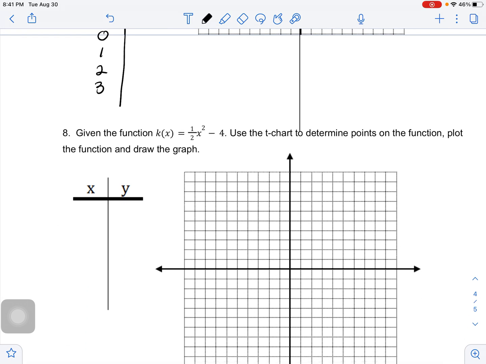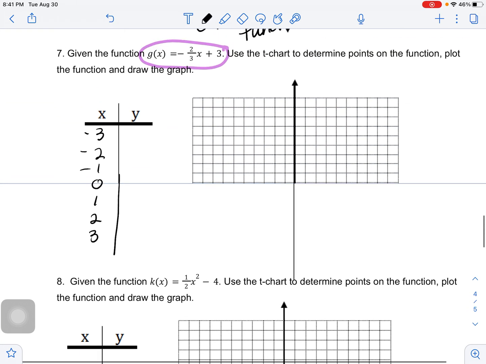Let's see, we had 1, 2, 3, 4, 5, 6, 7, 8, 9, 10. Okay, so we're just missing the bottom half of the grid. So we're going to have to guesstimate that when we go to graph. It's fine on yours because I made sure it was fine on yours.